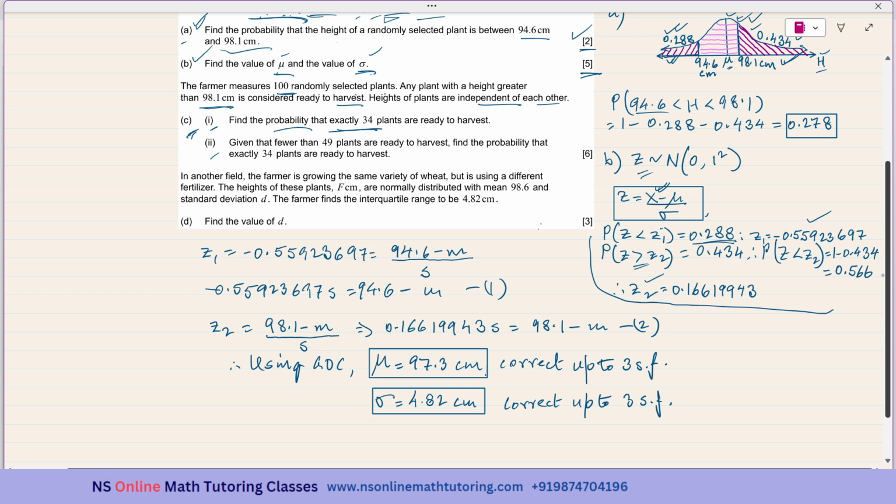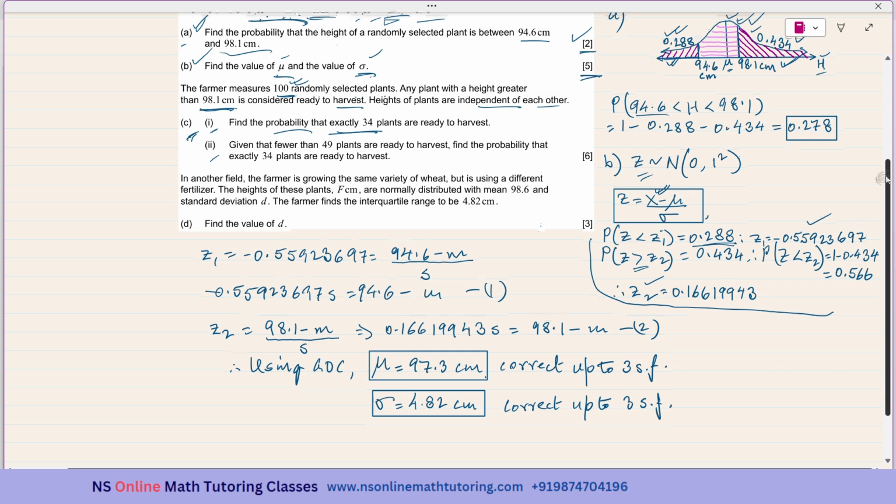So the farmer is selecting 100 plants randomly and measuring their heights. So what type of distribution can we think of? There are 100 randomly selected plants, so the number of trials is fixed.